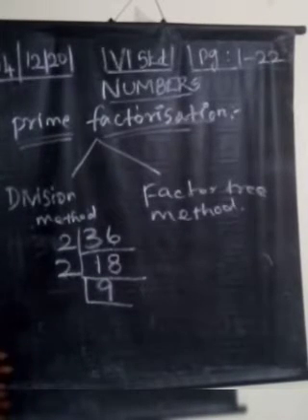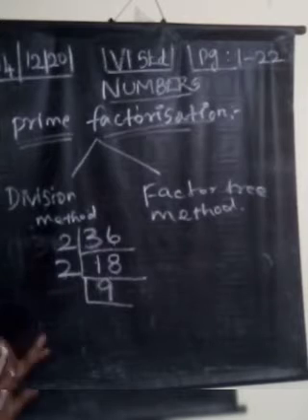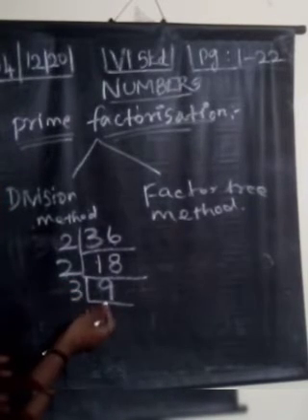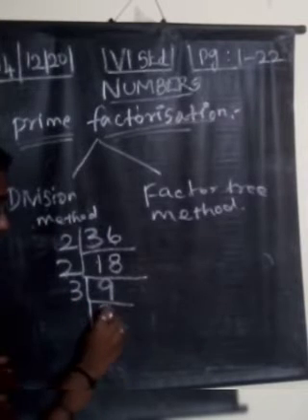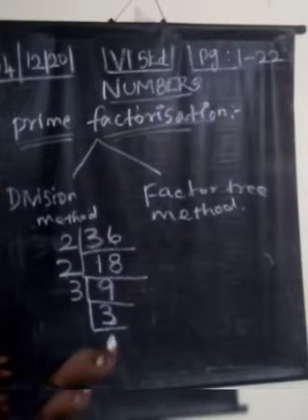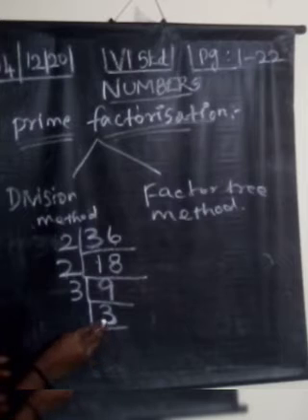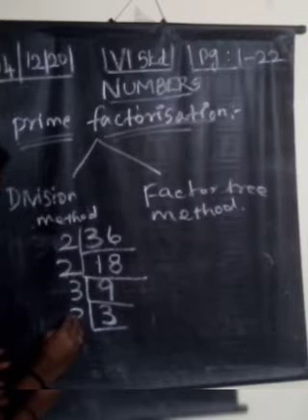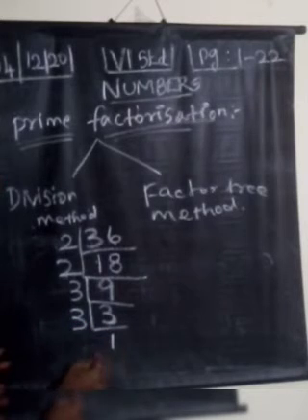Then the next prime number is 3. 3 is a factor of 9. 3 threes are 9. Here 3 is a prime number which is also divisible by itself. So 3 divided by 3 we get 1.